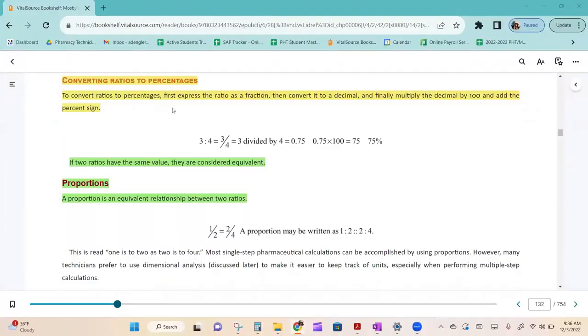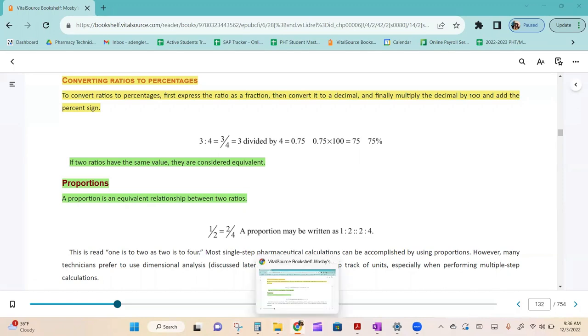To convert ratios to percentages, first express the ratio as a fraction, then convert it to a decimal, and finally multiply the decimal by 100 and add the percentage sign. So they have 3/4. So really ratios are the same thing as fractions. So 3 to 4 is the same as 3 over 4.